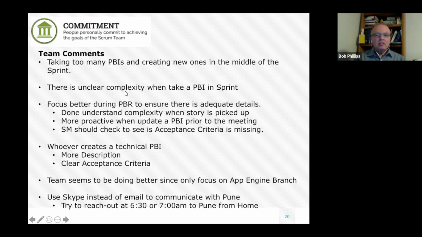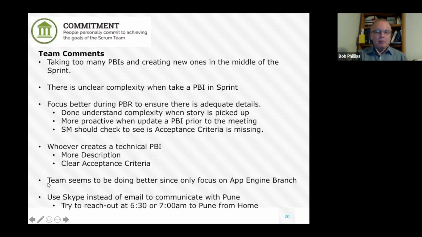We were not clear about the complexity. And then one of the action items that came out was when we do our PBR, which is a product backlog refinement meeting, we should focus more on that so that we understand the complexity of the story rather than waiting to pick it up in a sprint and then finding out. We create a lot of technical product backlog items, and we kind of skimp on the description and acceptance criteria.